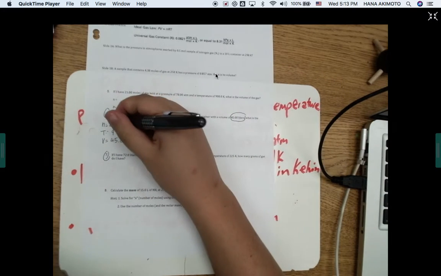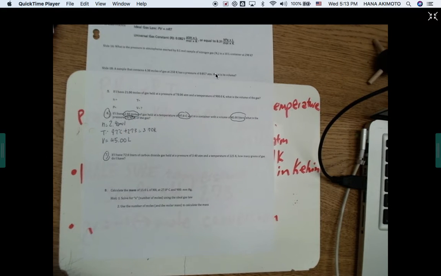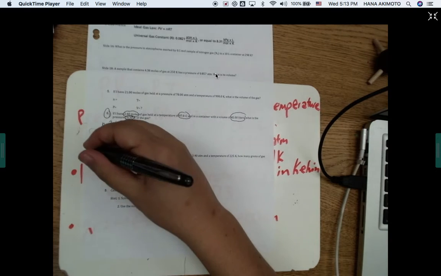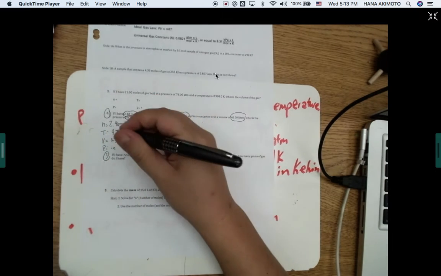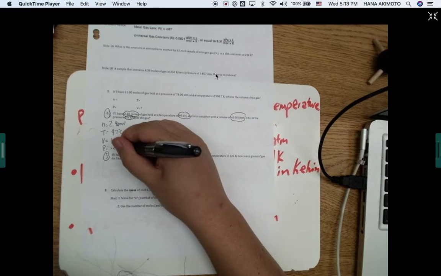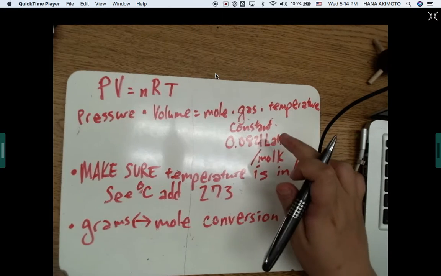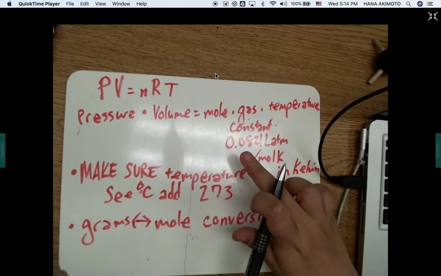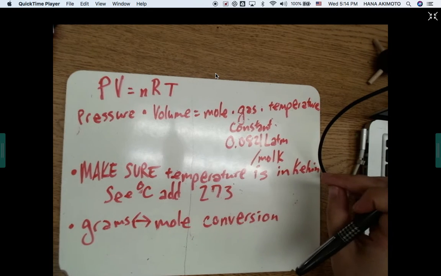And I know my R, and I am calculating for P in kPa. Okay, so I can do this in a few ways. If I'm sticking with the 0.0821 L·atm, I have to convert at the end.